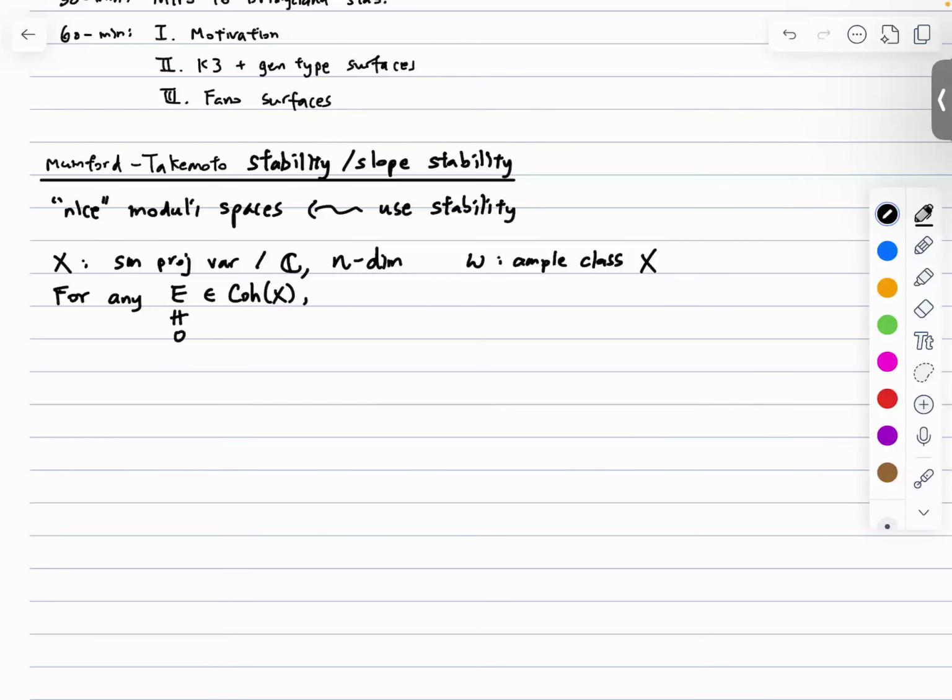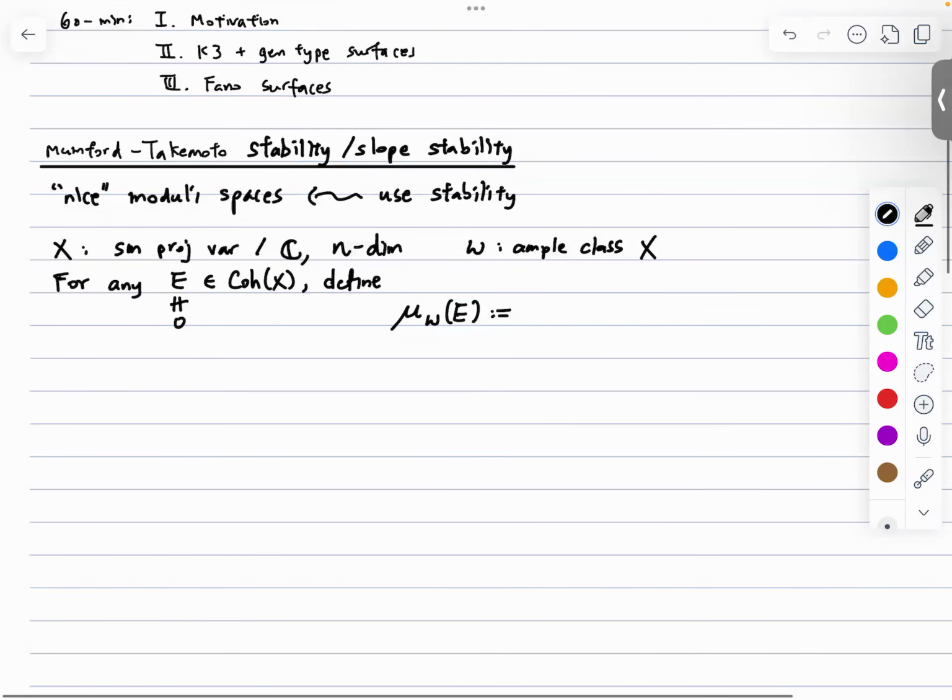We'll denote it by mu sub omega, where omega is the ample class we are fixing. For a coherent sheaf E, we define it to be the intersection number omega^(n-1) times the first Chern class of E, divided by ch_0 or the rank of this coherent sheaf.